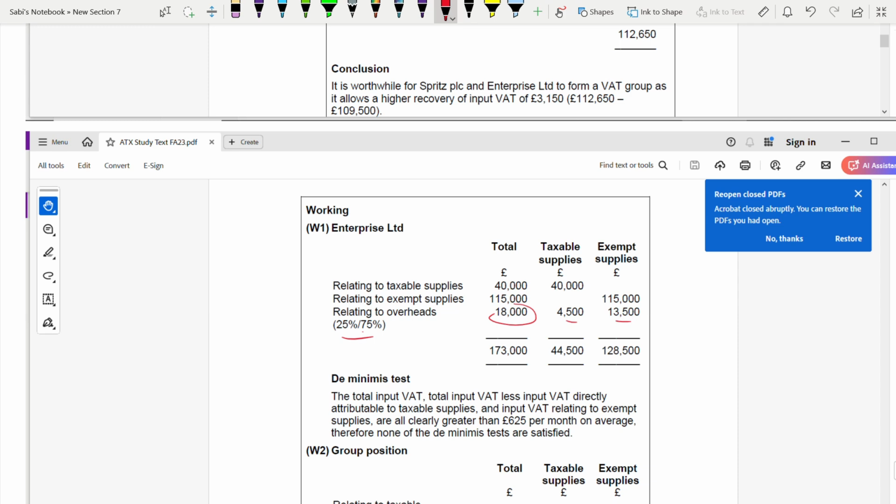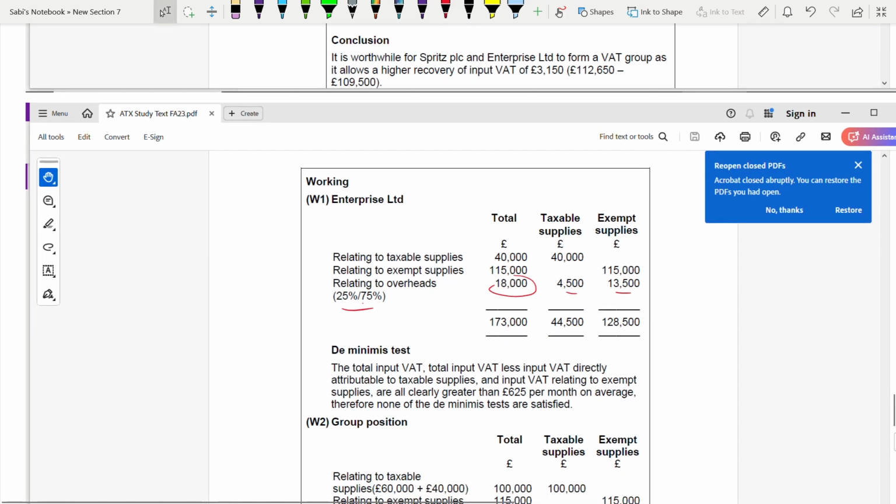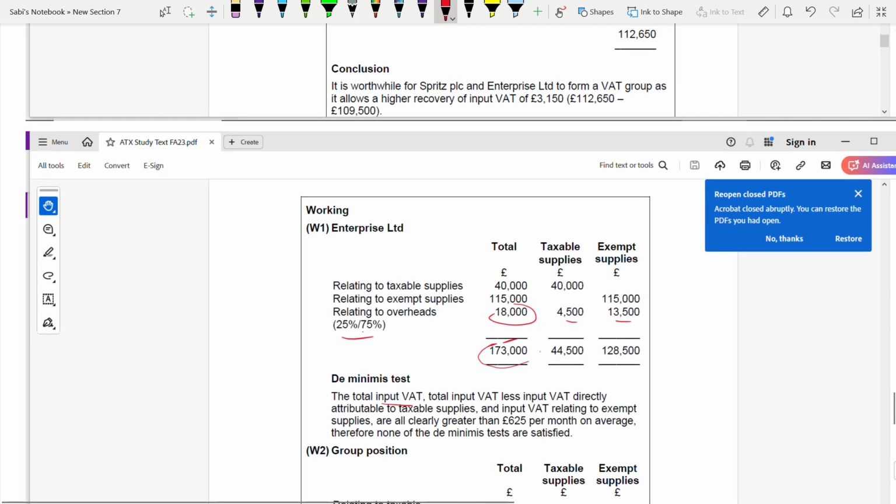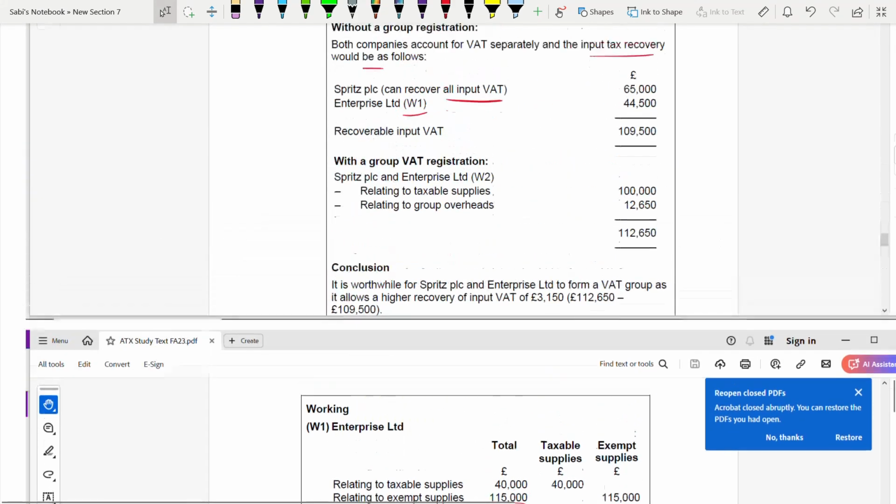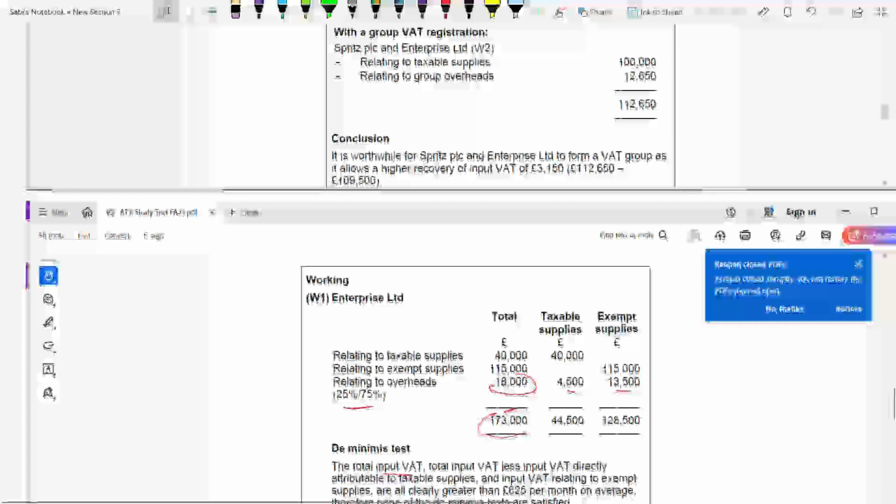So now, they have given you. So the total input VAT, if you see, what is the total input VAT? This one, 173,000. So sometimes looking at the figures you can make an estimate.